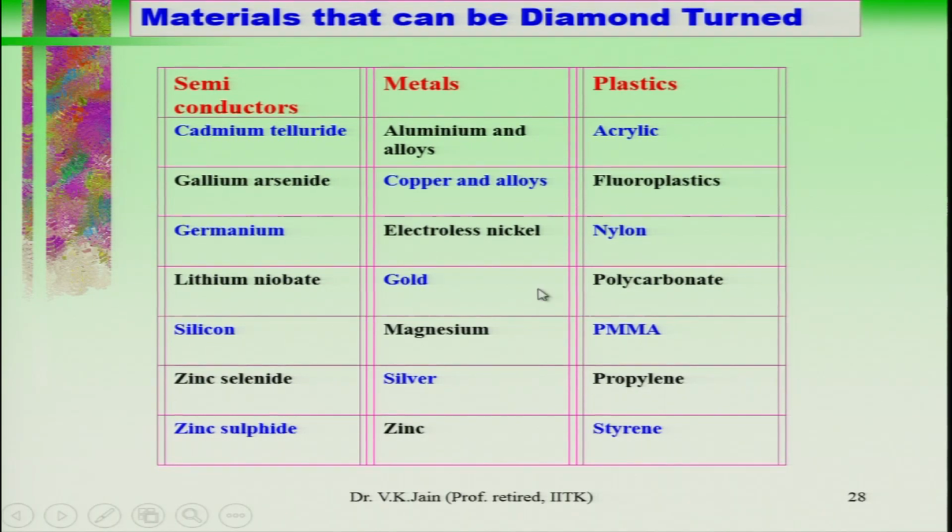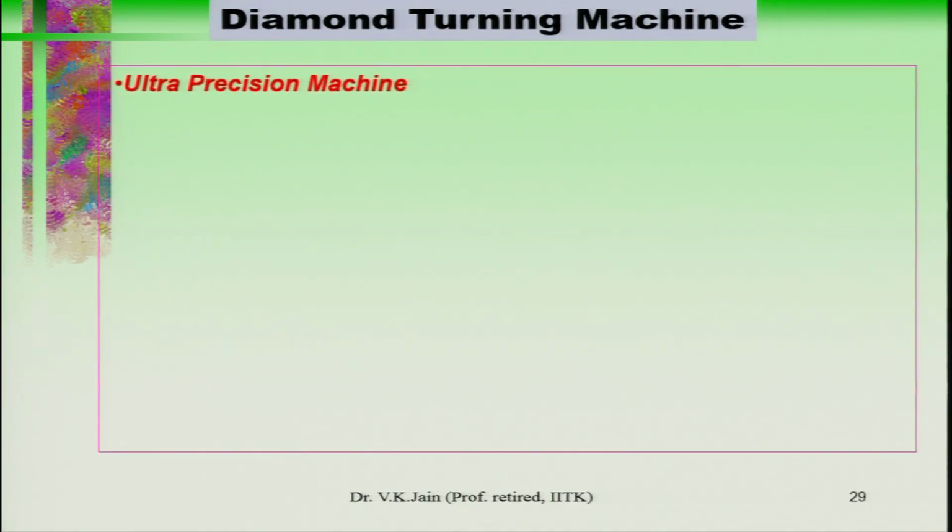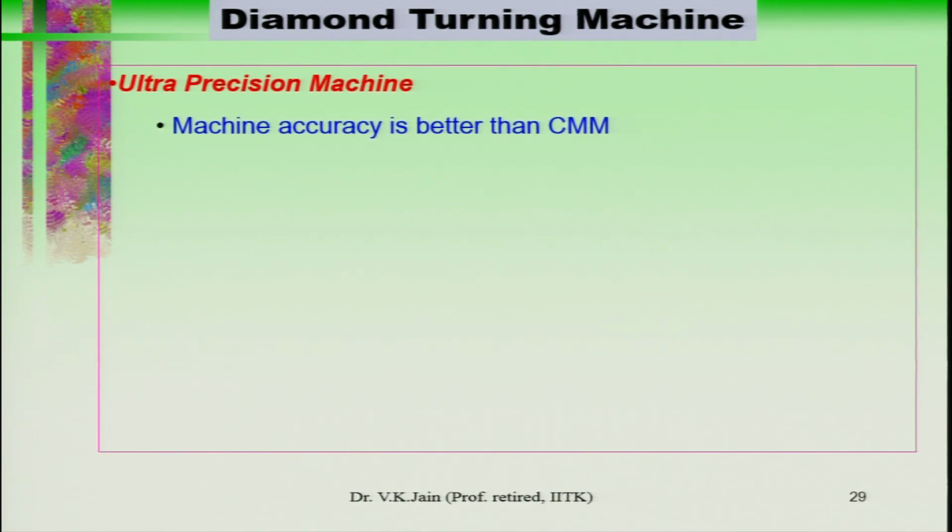But you do not find here the ferrous metals because they have problems. Iron interacts with the diamond, hence ferrous metal cannot be easily machined by this particular process. Now, let us see some details about the diamond turning machine. These are the ultra precision machines because they deal with the nano level of machining.